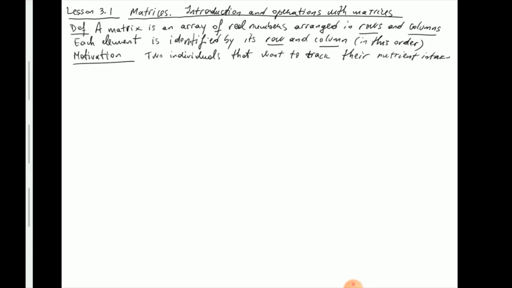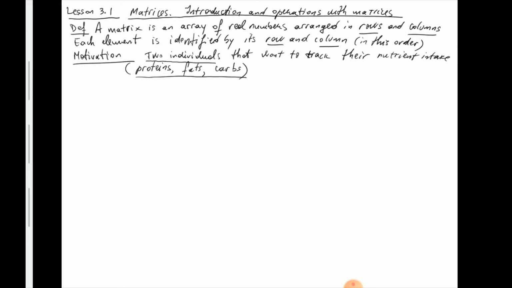Let's say they want to count the amount of grams, if you want, of proteins, fats, carbohydrates. So matrices actually appear naturally when you have multiple entities that have multiple characteristics. That's the typical application from real life that leads to matrices.